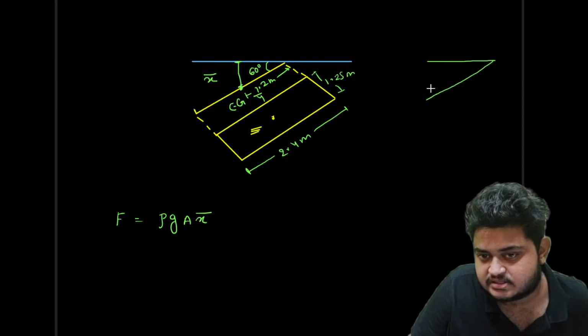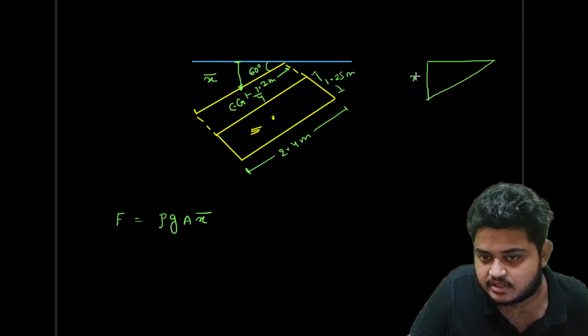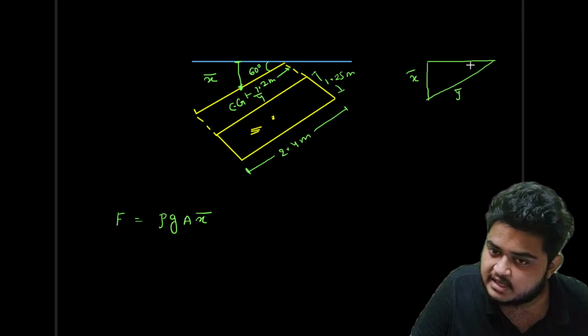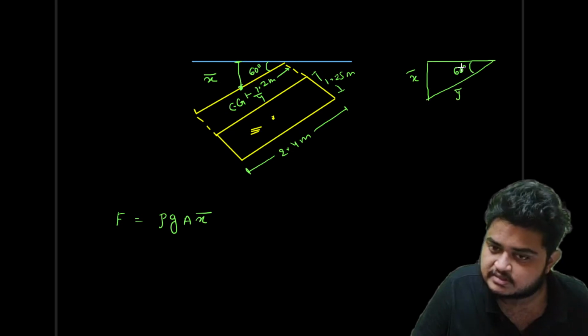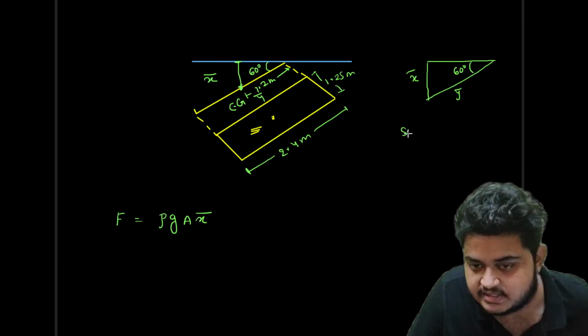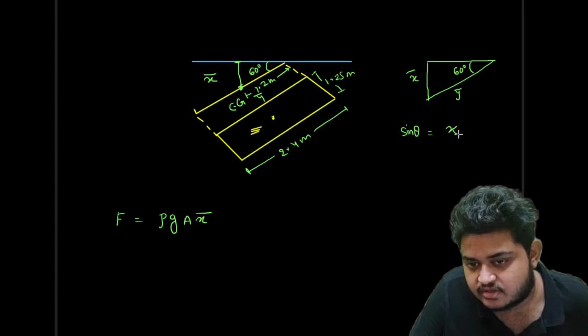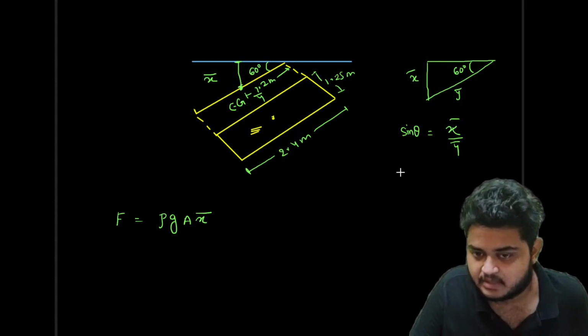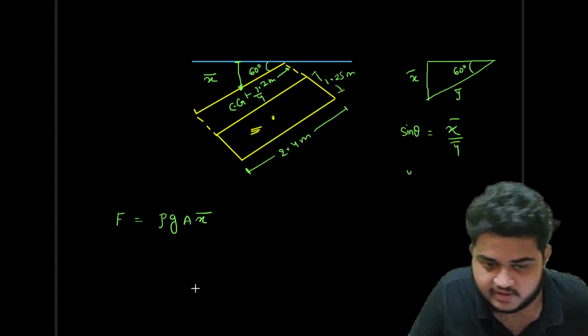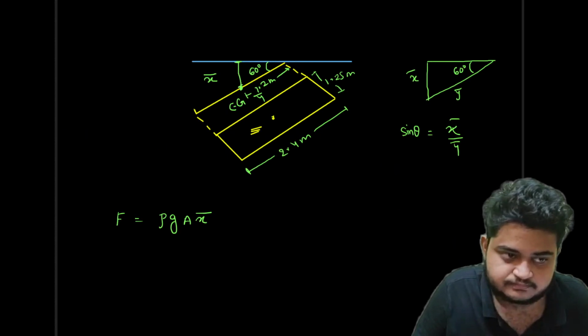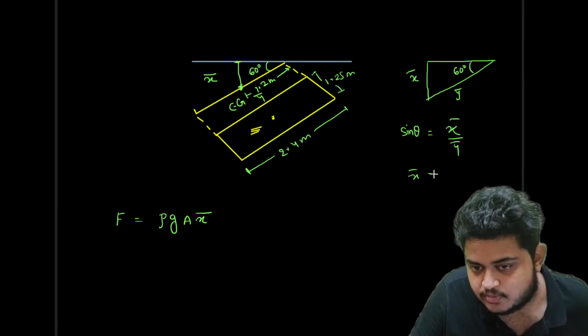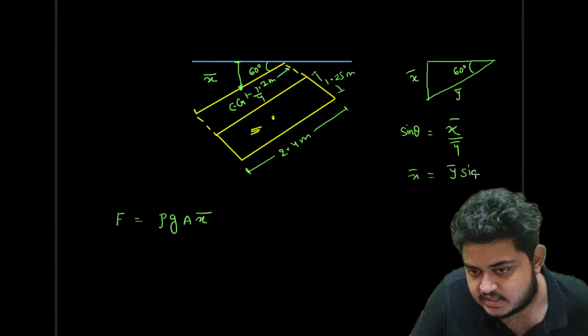This is x bar, this is our y bar, and this is 60 degree. So what is sine theta? Sine theta will be opposite to hypotenuse, x bar upon y bar. So if I want to calculate the x bar, it will be y bar sine theta.